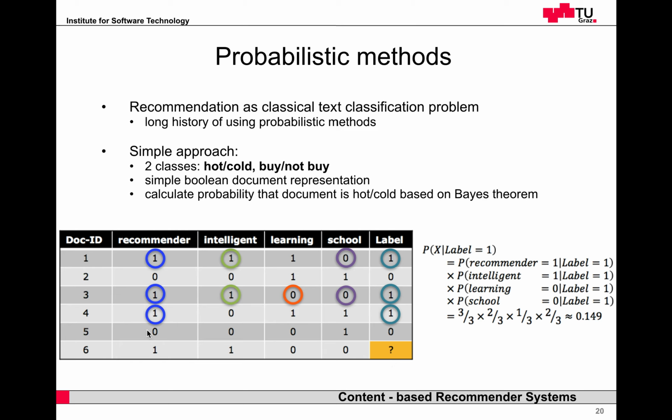In order to calculate this probability, we have to consider the probability of each attribute of the document under the condition of the label equal to 1. That means we have to calculate the conditional probability when recommender equals 1 under the condition of the label equal to 1, and so on.